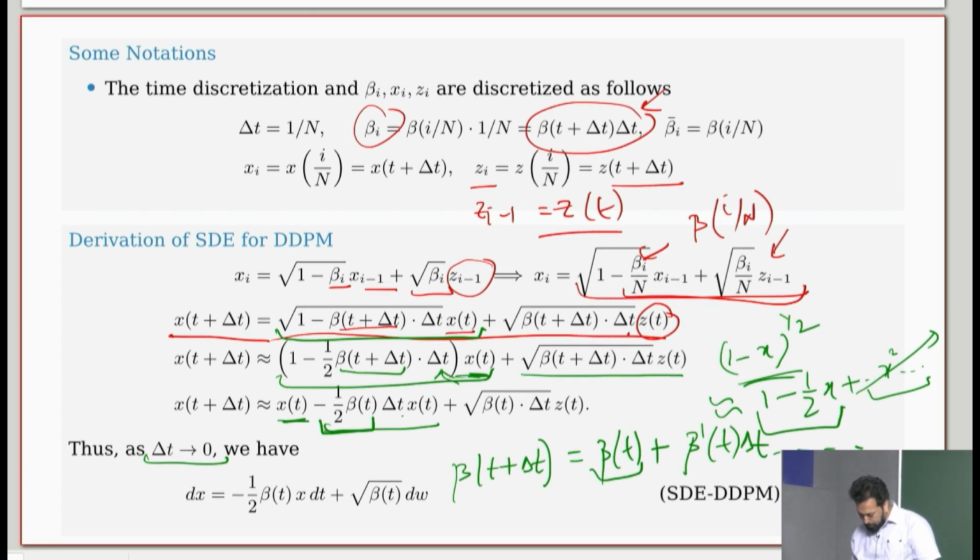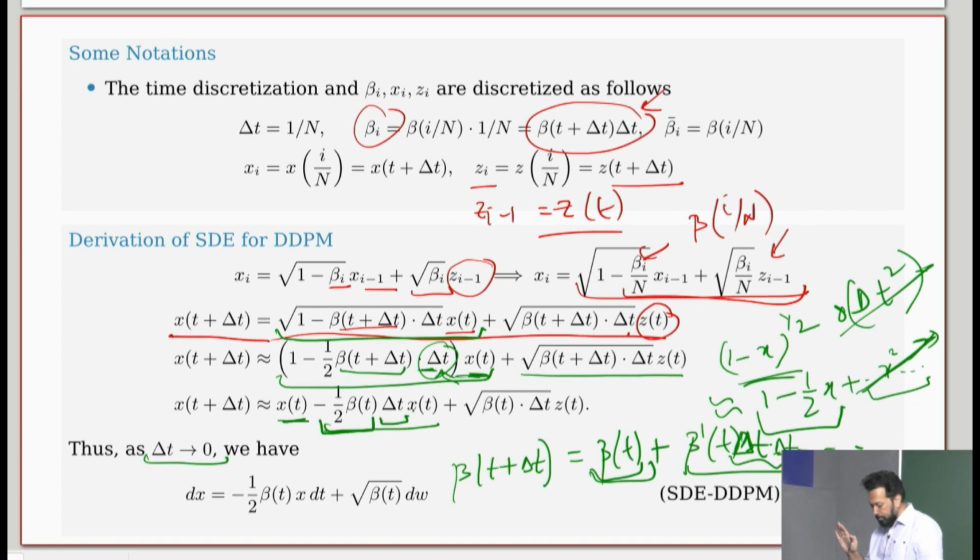We did this further approximation, keeping only the first term of the Taylor expansion. This delta t is already there because if you do the Taylor expansion, delta t will be there, but there is one delta t outside as well. That multiplying again will make it second order in delta t. By the same logic, previously we removed order delta t square terms, so this also goes. We keep delta t wherever only delta t is there.